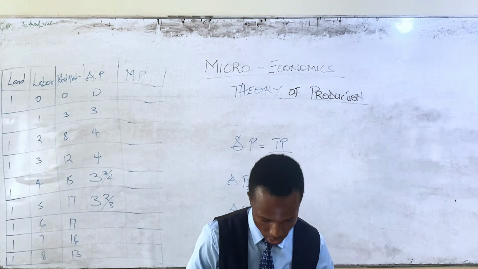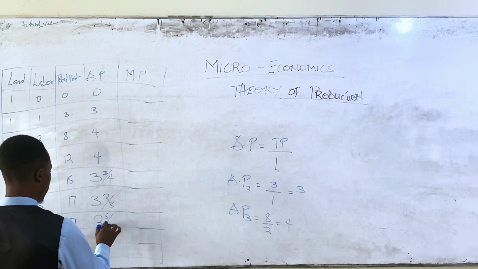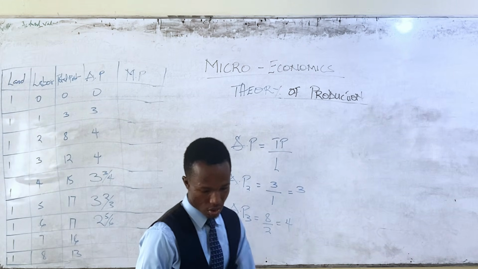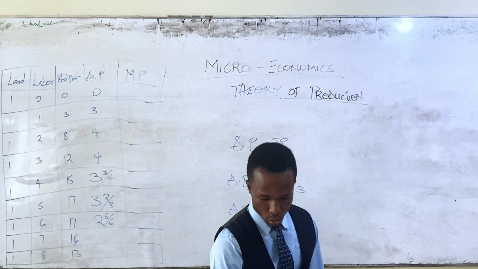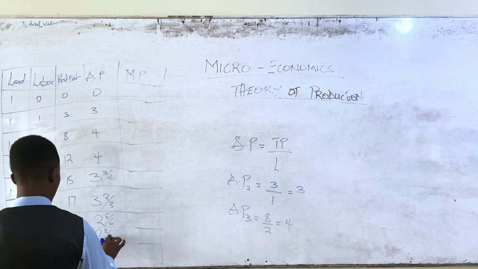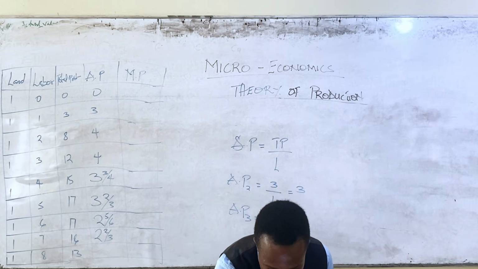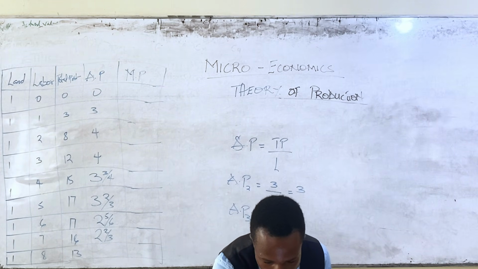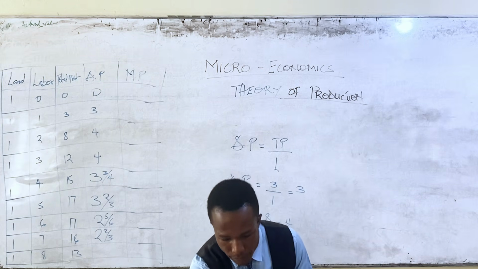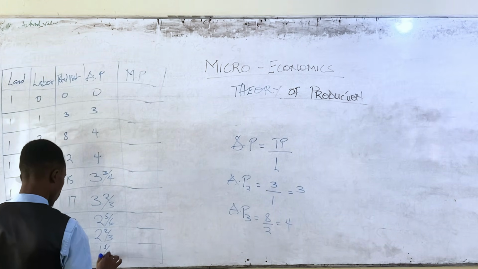The next one we have is 2 whole number 5 on 6, then 2 whole number 2 on 3, and the last one is 1 whole number 5 on 7.